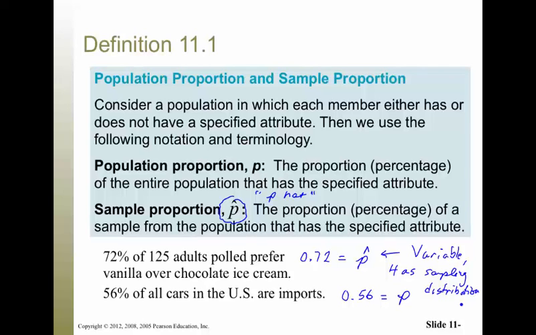So that's what we'll be looking at. It's like we keep taking lots of polls of 125 adults, and then we take those values, and a distribution takes form, just like we've seen before. We call this the sampling distribution of sample proportions.